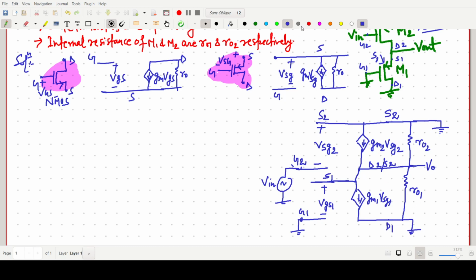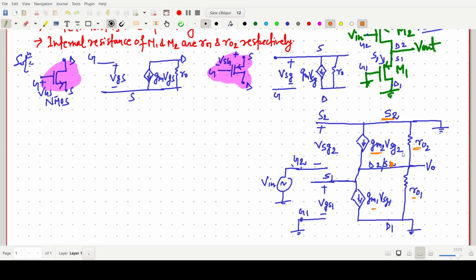Is it okay? Once again I want to repeat this. First, we make this source, then gm2 VSG2 and R02, then D2 and S1. Sorry, this should be S1, there was a mistake. Now at S1, again there will be a current going in that direction, with transconductance gm1, VGS1 and R01.